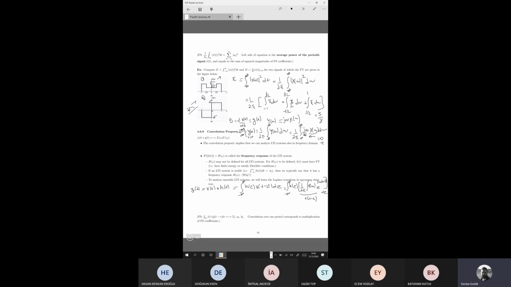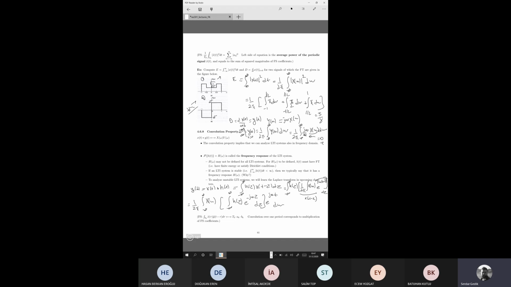So that's simple. If I change the order of the integrals, I have 1 over 2 pi integral from minus infinity to plus infinity of x of omega, and the integral from minus infinity to plus infinity of h of tau e to the power minus j omega tau d tau, times e to the power j omega t d omega.